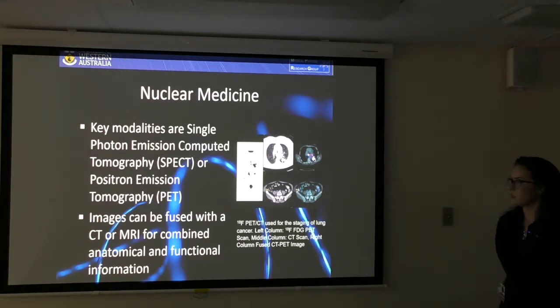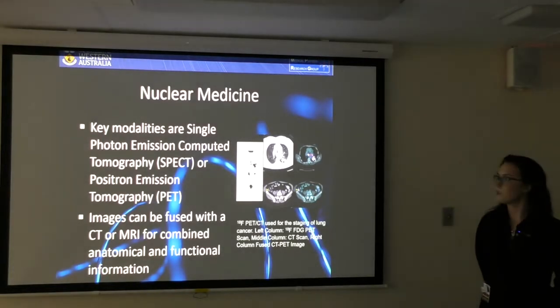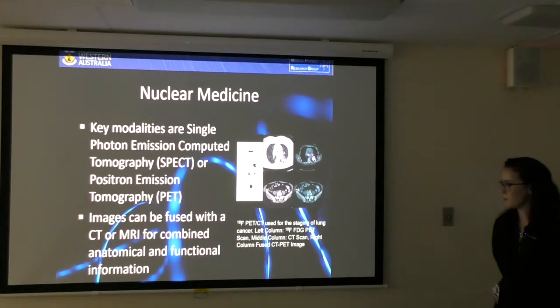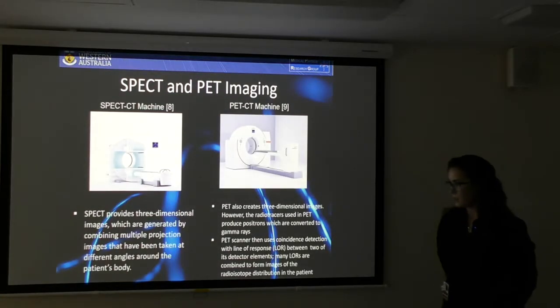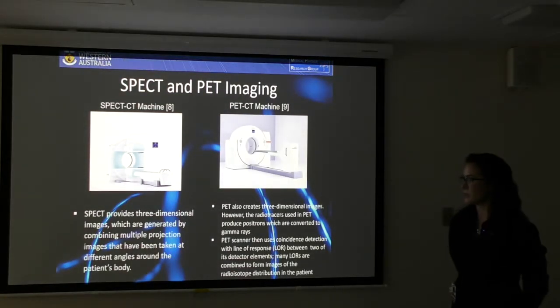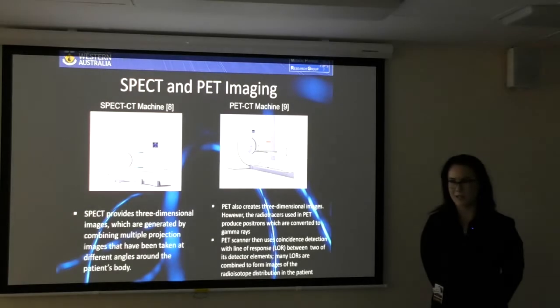These images can also be fused with a CT or MRI, as the radiopharmaceutical will give you the functional information, and by fusing with CT or MRI, they'll give you the anatomical information. So the SPECT CT provides three-dimensional images, which are generated by combining multiple projection images that have been taken at different angles around the patient.